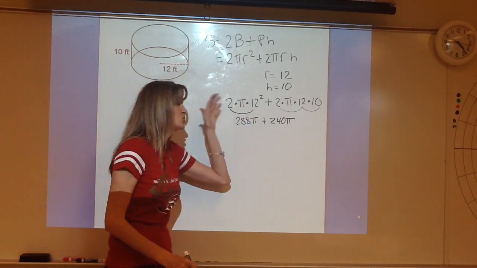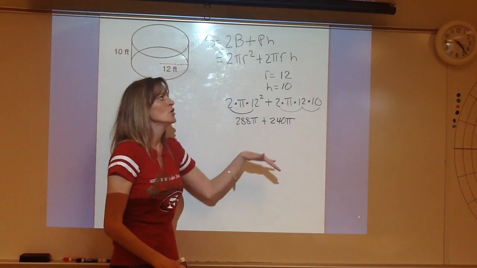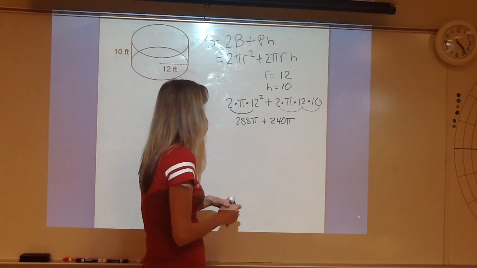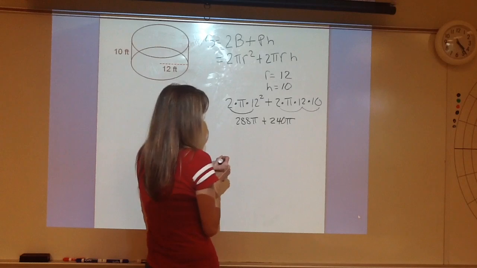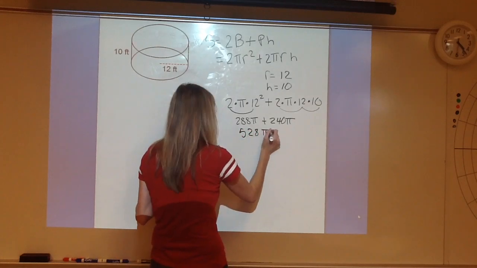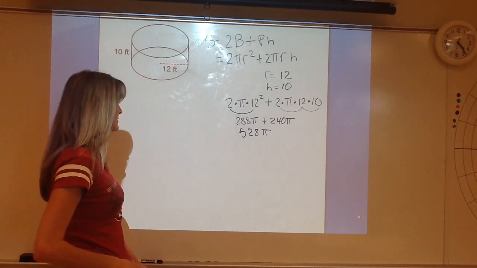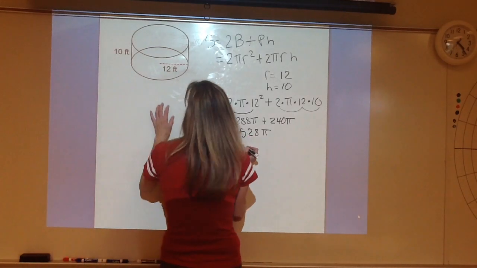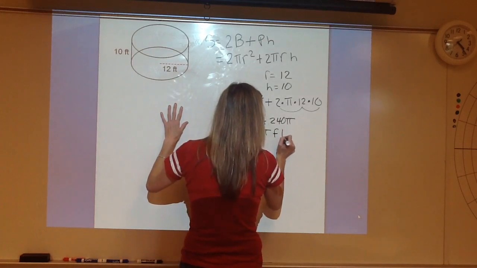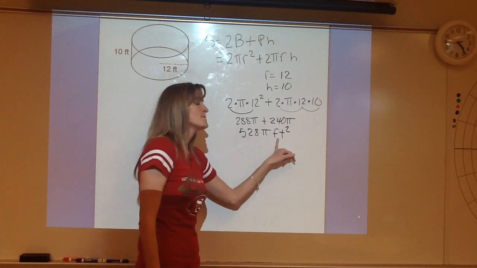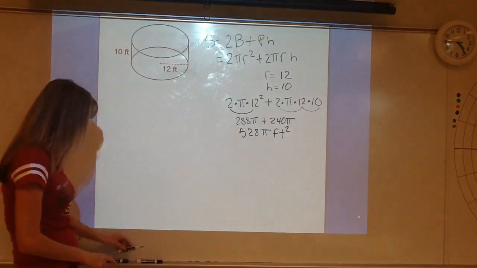It's kind of like having inches, and I'm putting inches on there, or some unit. And so now I'm going to add that together. 288 plus 240 is 528 pi. If I did that right. Yes, that's right. So the total surface area of this cylinder is 528 pi feet squared.